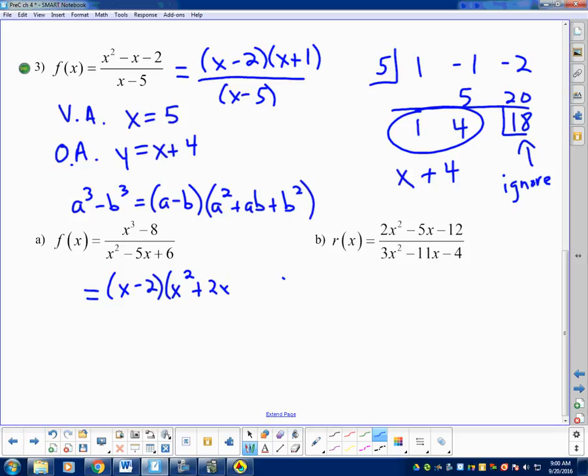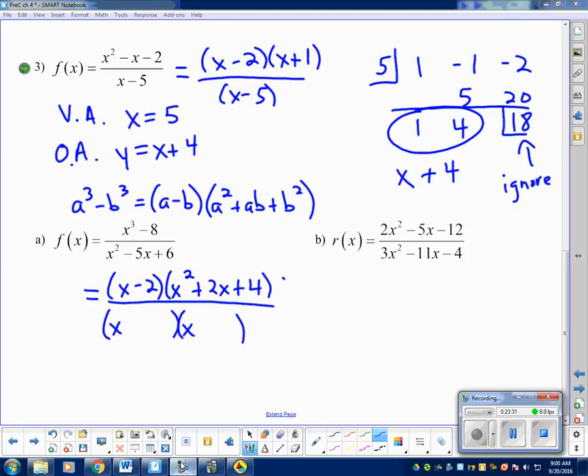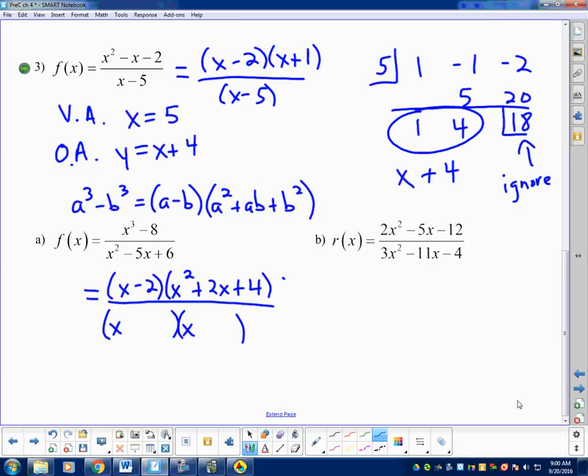And then if this is my b, 2 squared will be 4. And what are the factors at the bottom now? Factors of 6 that add to equal negative 5. Yeah, negative 3 and negative 2. So x minus 2, x minus 3.